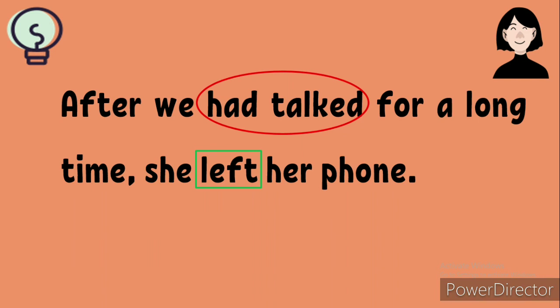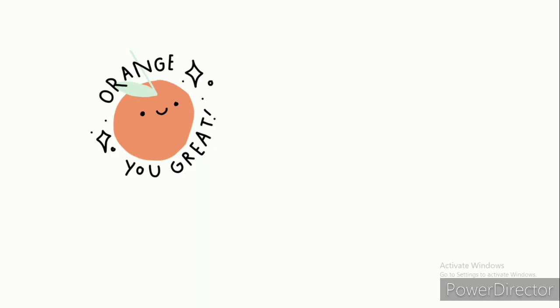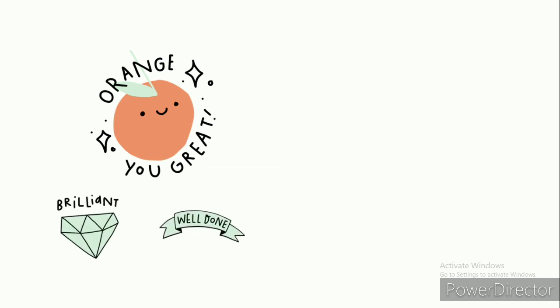We have here left, from its base form, leave. So we changed the spelling. So this is an example of an irregular verb. How about the time expression? Very good. We have here after, which is placed before the past perfect tense. Very good. Alright, brilliant and well done.